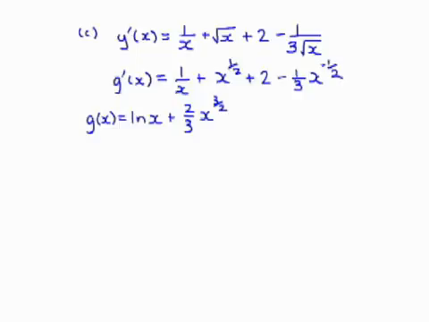I add to that 2x. That's what I get when I take the antiderivative of 2. And I subtract from that, well, my old exponent for x was a negative 1/2. I increased that by 1. So that means my new exponent is a positive 1/2.